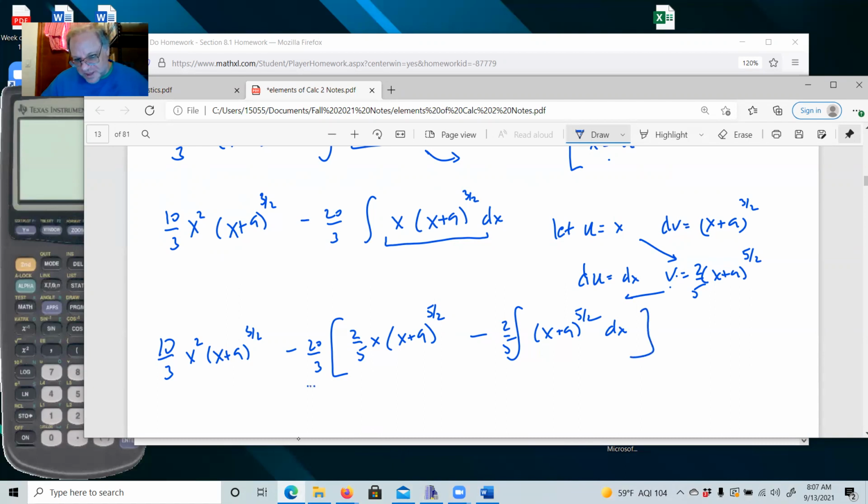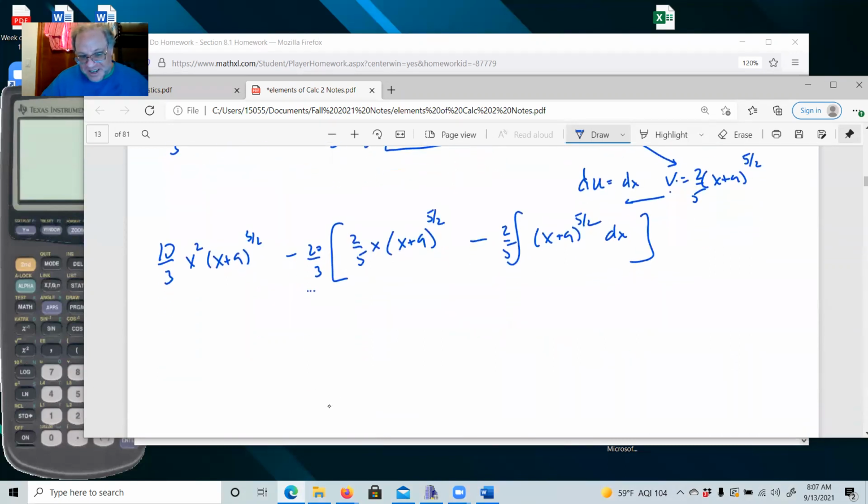Be careful about this piece right here. I guarantee all of us are going to forget it, so try to be good about not losing this piece. Negative included.